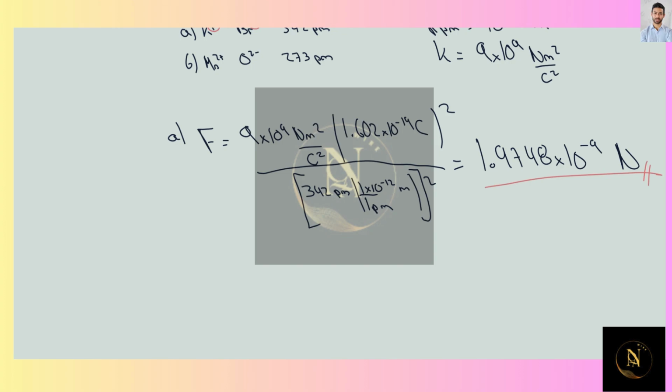Now, for the second system, the charges change a little bit. We're going to have a larger charge, a value equal to 2 for each of them.